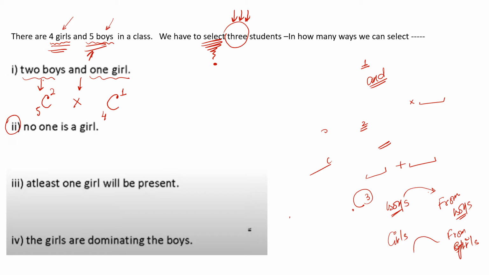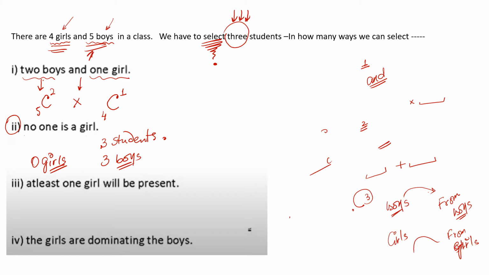So the question is, no one is a girl. What is meant by no one is a girl? You have to select 3 students. If no one is a girl, it means you have 0 girls. So how many students will you select? You will select 3 boys, meaning all the students will be boys.